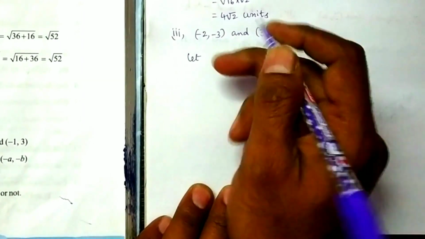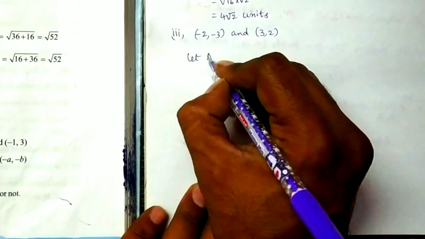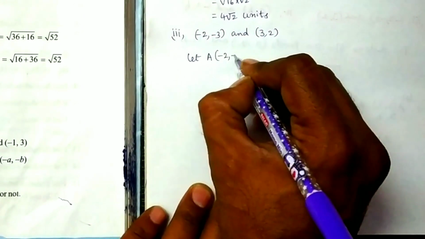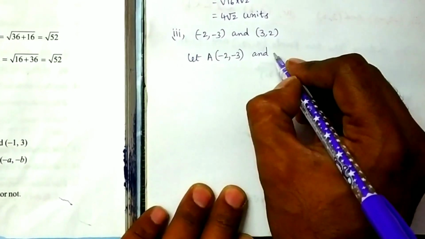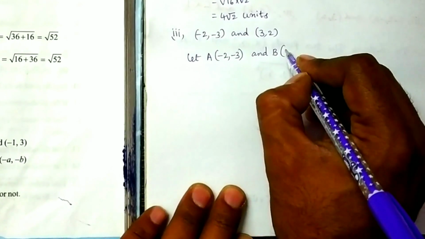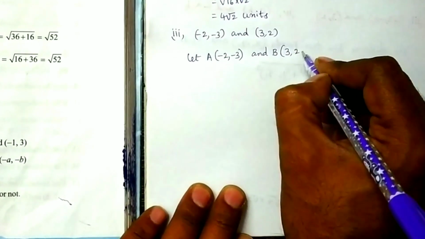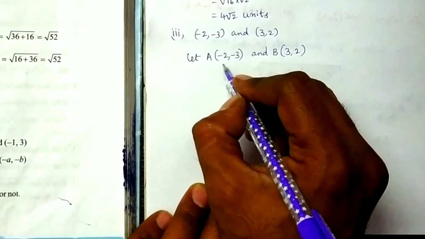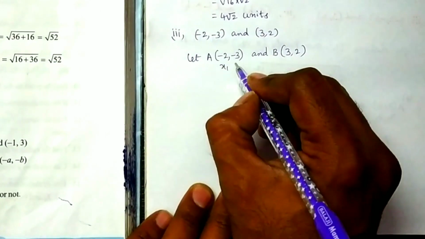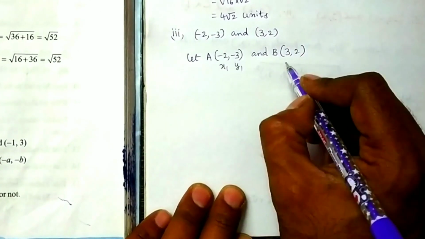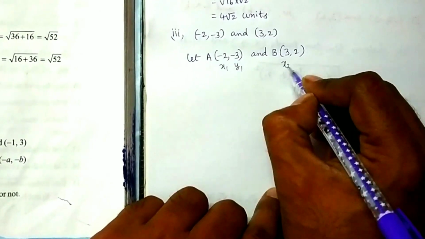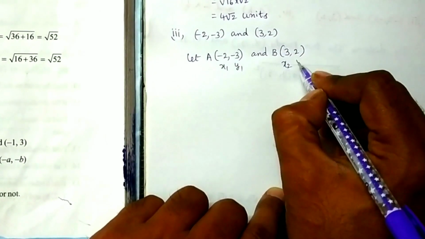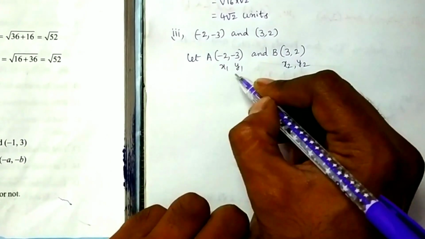Let the first point is A, (minus 2, minus 3), and second point is B, (3, 2). Take x coordinate as x1, y coordinate as y1. In this point, this is the second point, so x coordinate as x2, take y coordinate as y2.